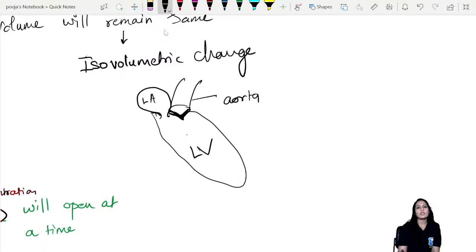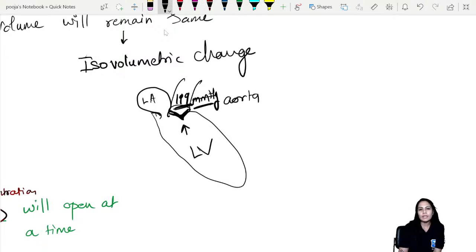This is the entrance so that the left ventricle blood should go into the aorta. But there is some amount of pressure from this aorta also, and it is around 119 or 120 mmHg.